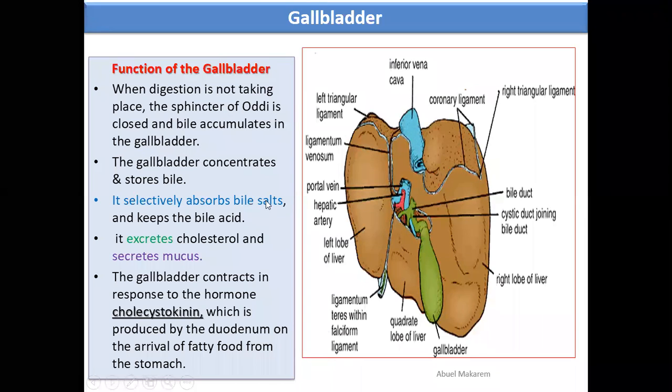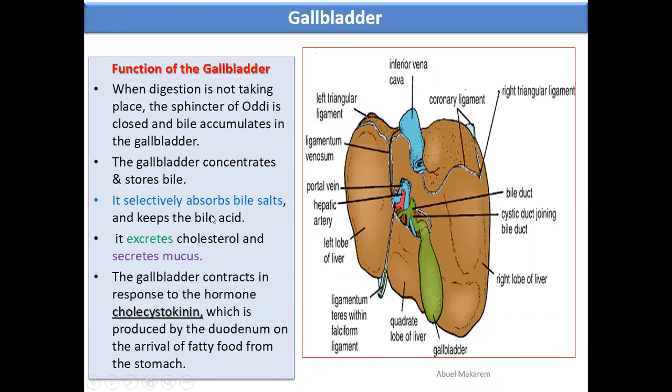It selectively absorbs bile salts and keeps the bile acids. It excretes cholesterol and secretes mucus. The gallbladder contracts in response to the hormone cholecystokinin.